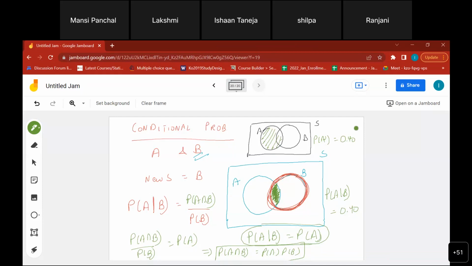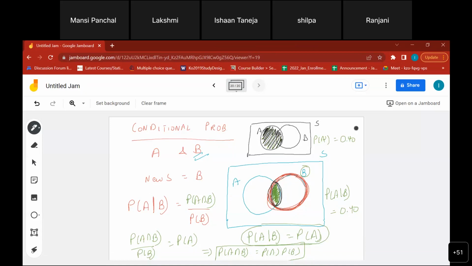I have a small doubt. 40% is what you say, but the new sample space has changed, no? Yeah, the new sample space is this. My B is my new sample space, right? And 40% of B means this area. This area is 40% of the complete sample space, right?